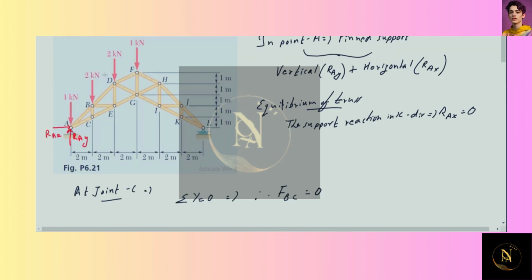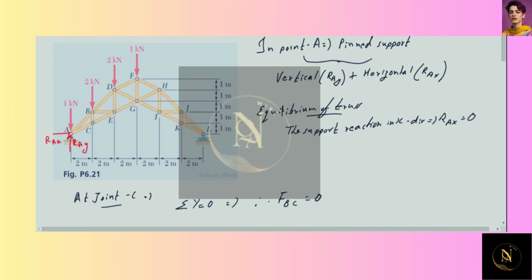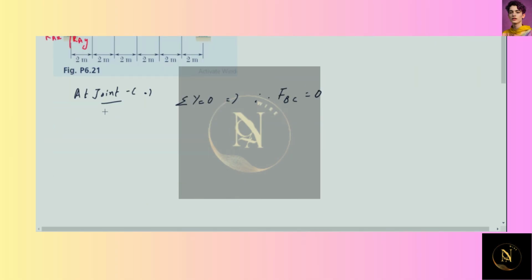That is, at joint C the FBC will be equal to 0 because FAC is collinear to FCE, so FBC is a zero force member.